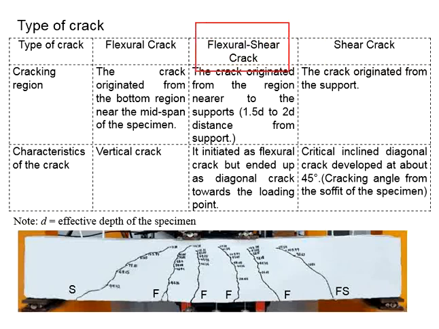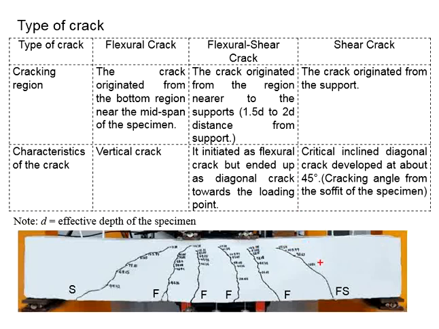And the flexural shear crack will be somewhere intermediate between the flexural crack and the shear crack. This is often seen in specimens with the distance between the point load and the support less than 6 times the D but more than 1.5D.